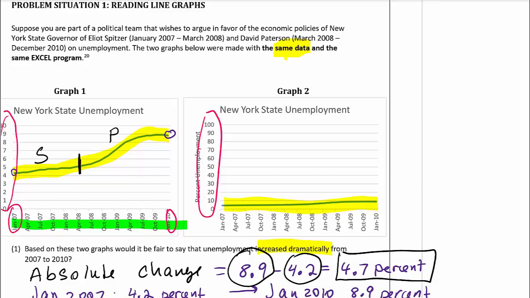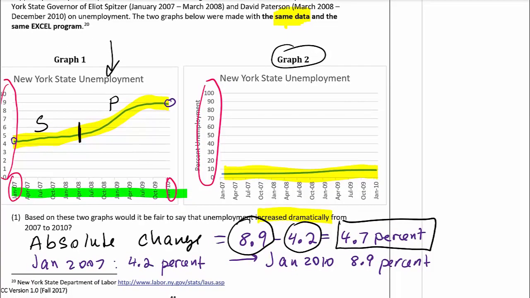Yeah, so the answer is graph number 2, because graph number 2 shows like it's flat, like nothing changed. And of course, that's not the case. If we just did the calculation, you can see that for both periods of time, the unemployment did go up, but it was more dramatic under Pedersen because of the sharper increase in the graph.